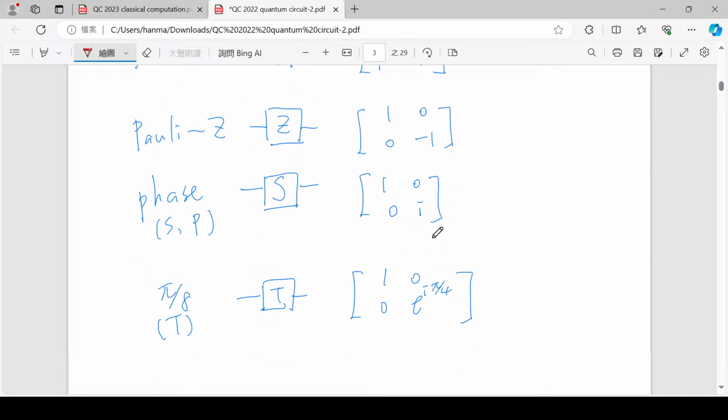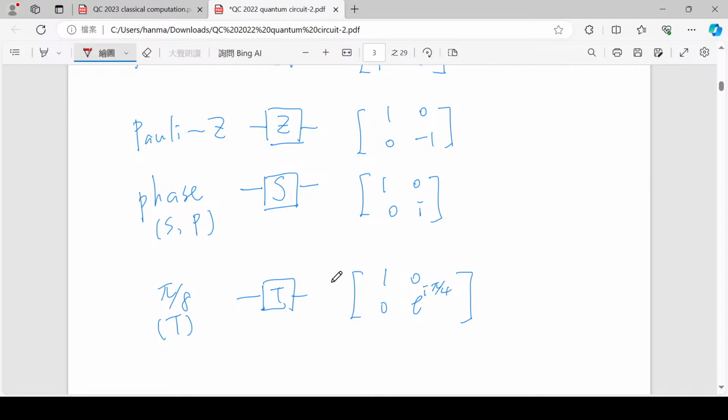Then there is another gate, the T gate. It's also called the pi over 8 gate, because later we'll see it means a pi over 8 rotation about the Z axis.